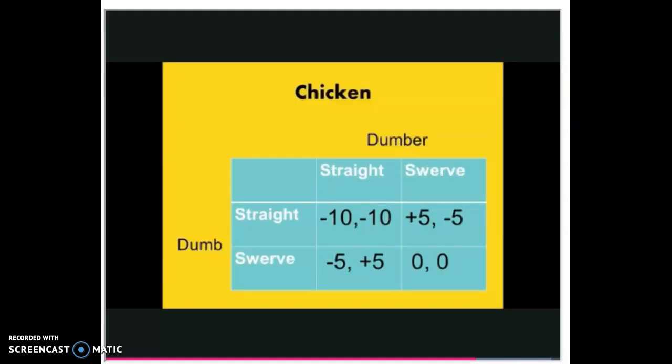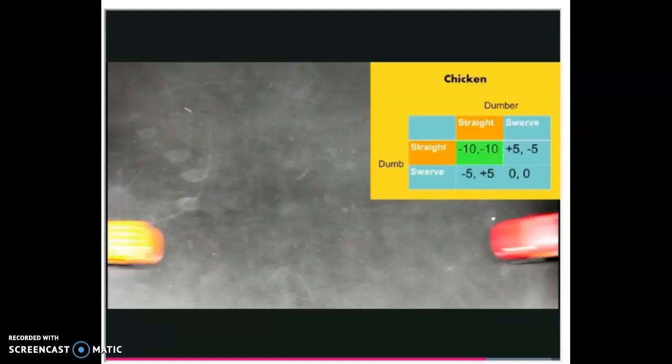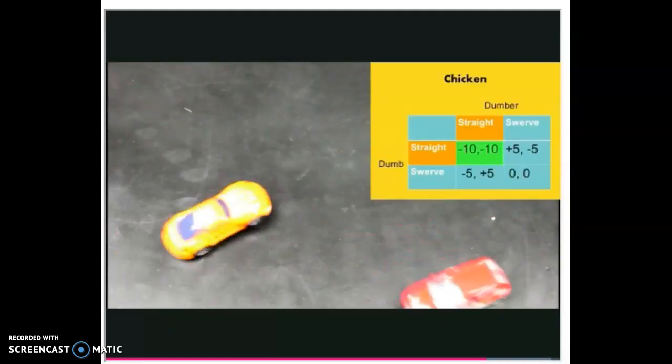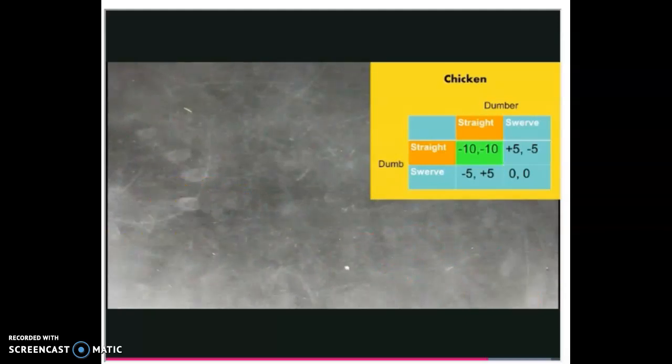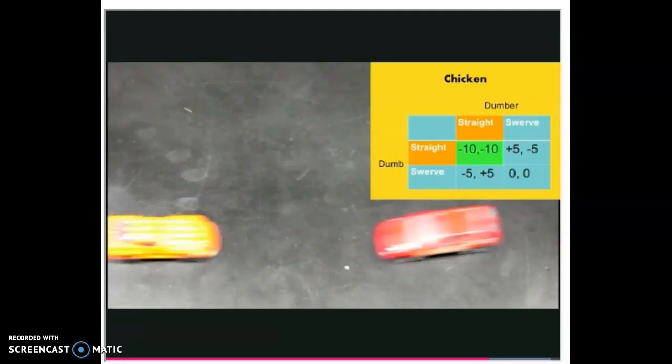Here's a game called Chicken, played by Dumb and Dumber. In this game, the two dumb players drive toward each other and then either continue to drive straight or swerve. The numbers in the payoff matrix represent levels of happiness or utility. If they both continue to drive straight, they both end up badly hurt and very unhappy, to say the least.